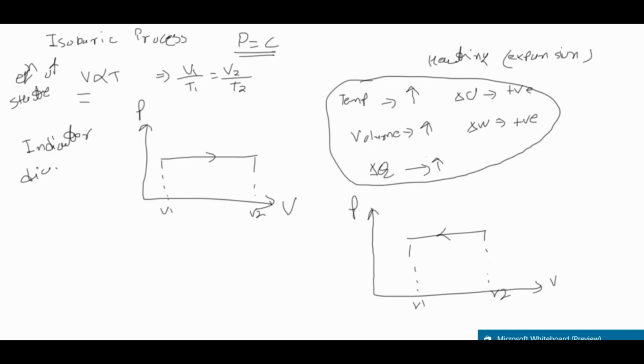Work done also needs to be remembered. Work done is simply P times final volume minus initial volume. So this is all about the isobaric process. Let's check one more important process, that is the isochoric process.